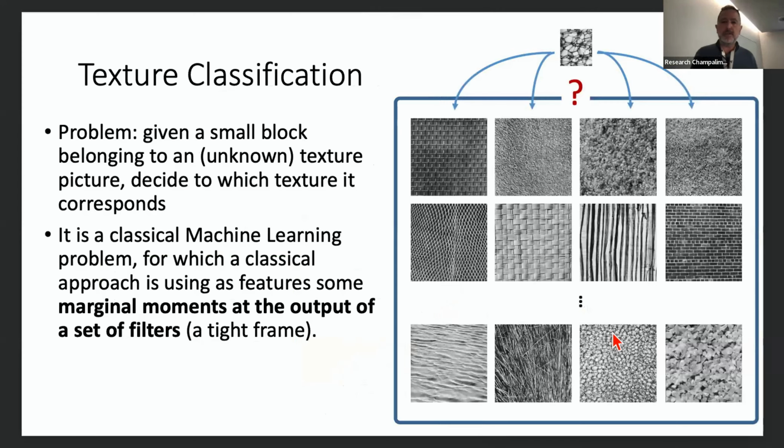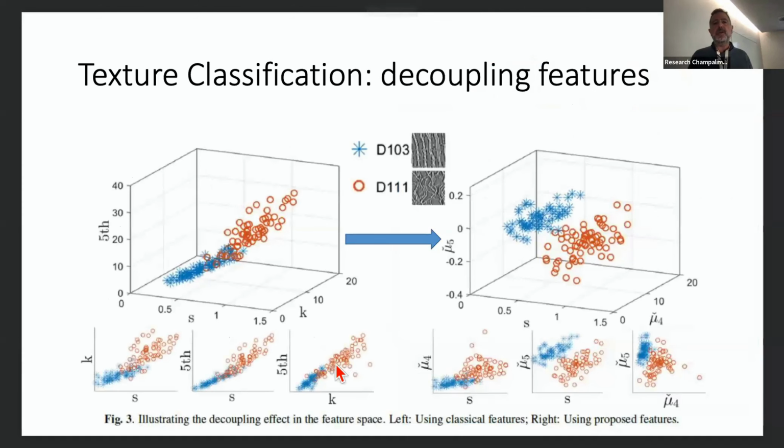Okay, going to real textures. The problem is that we have some small patches and we want to decide to which texture they belong. So we use a set of filters, a tight frame, and we use several moments at the output of those filters, even if they no longer accomplish the theoretical condition to build real manifolds, submanifolds, but still they work.